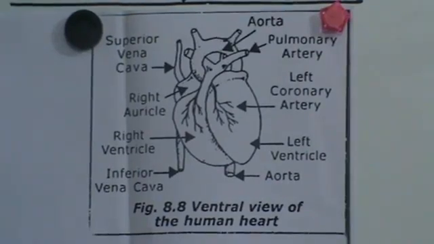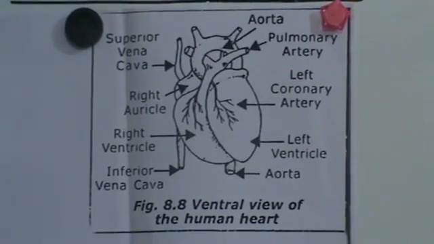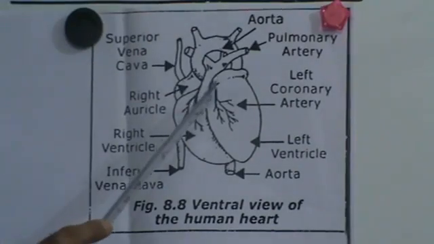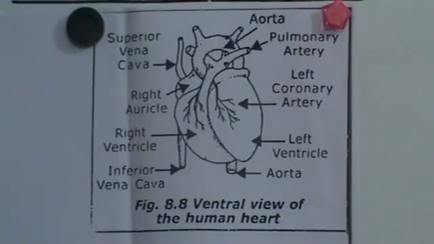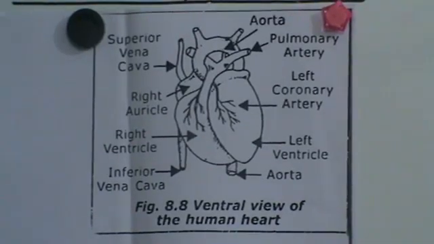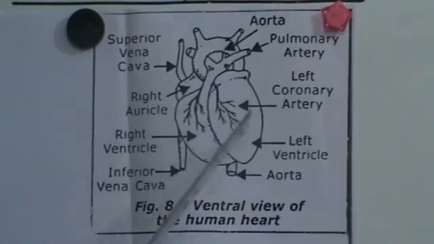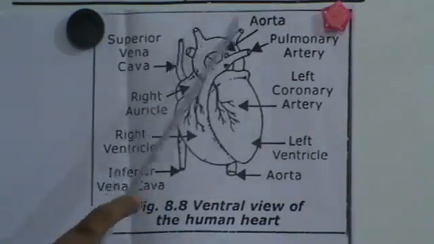Now, in between the 2 atria lies the pulmonary aorta, which rises from the right ventricle. The pulmonary aorta bifurcates into 2 pulmonary arteries.